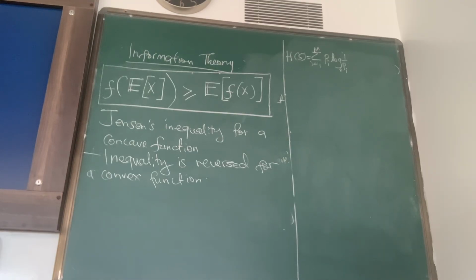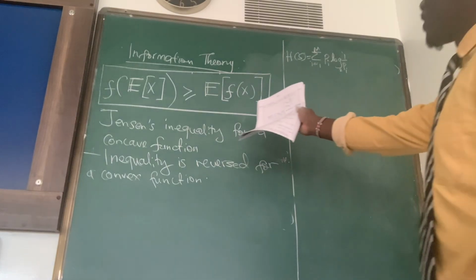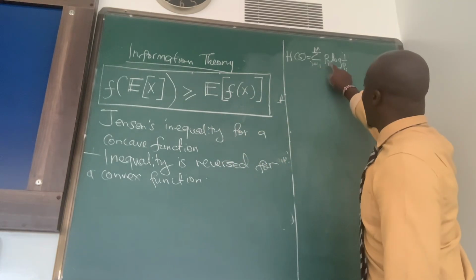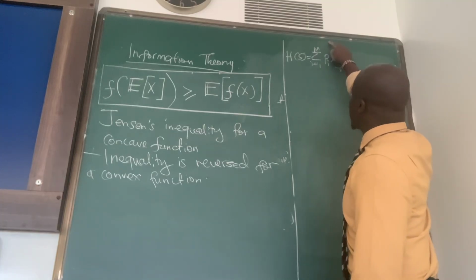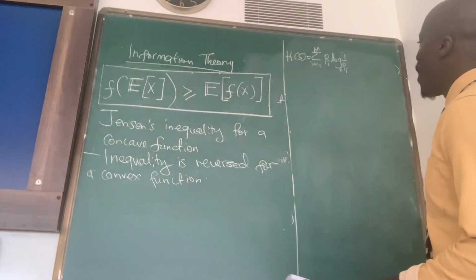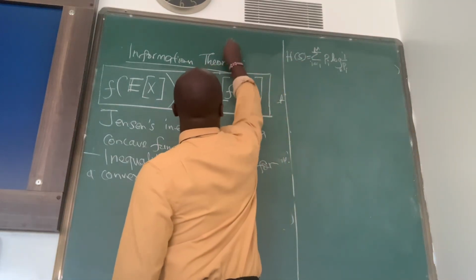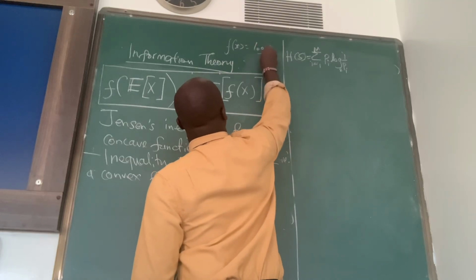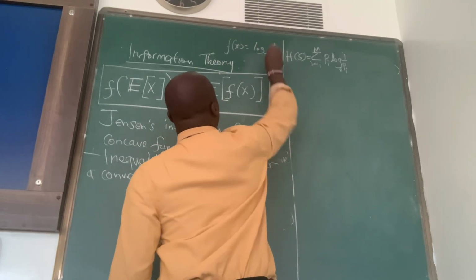We've already written this equation before. That function is the expectation of the log, and the log here is a concave function. So it's this side, okay? It's the expectation, summation of p_i times log of this. This is just the expectation of the function f(x), where f(x) is our log 1 over p_i. So if you don't want to forget, your f(x) is just log 1 over p_i.